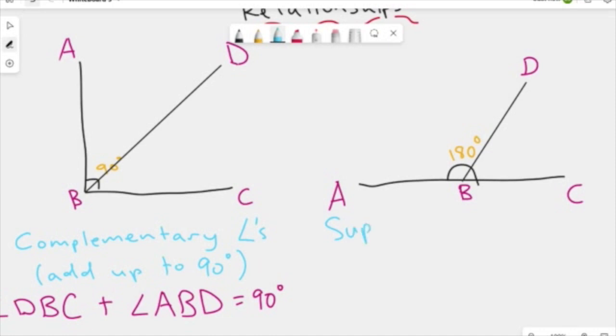Another big word, unfortunately. Supplementary angles. I really hope I've spelled that right. Supplementary angles. And these add up to 180 degrees.